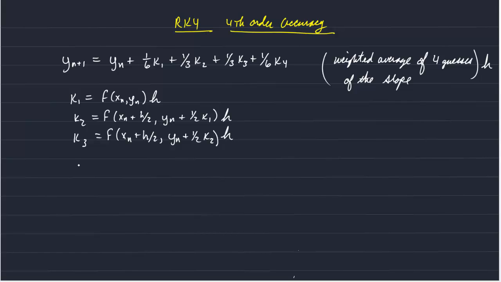times H. And then the fourth term is K4, equal to the slope evaluated at the endpoint, well, the adjacent point, which is the endpoint in this step.